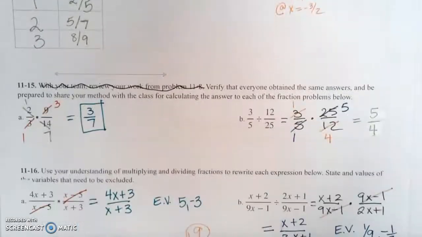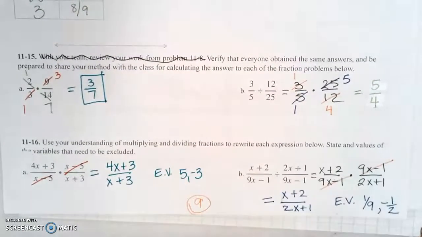Number 15, which is where we start getting into our multiplying and dividing. So they start with super easy problems that don't even involve algebraic expressions. So A right here is just numeric multiplying. So if you can reduce first, you definitely want to reduce first.